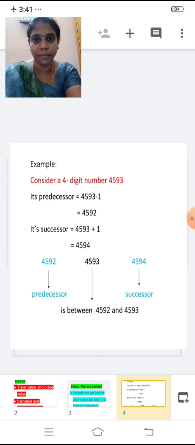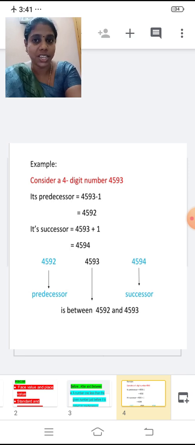Can we subtract? Now tell me the answer. Yes, the predecessor of the number 4593 is 4592.